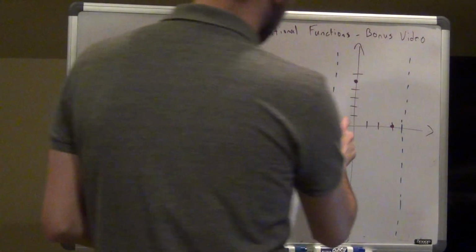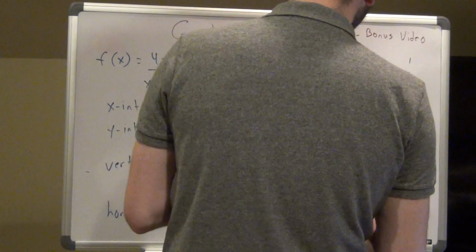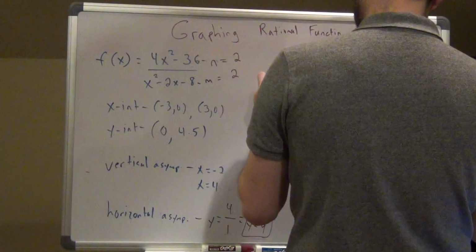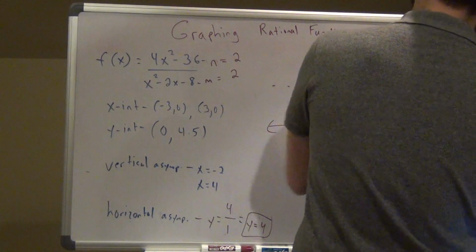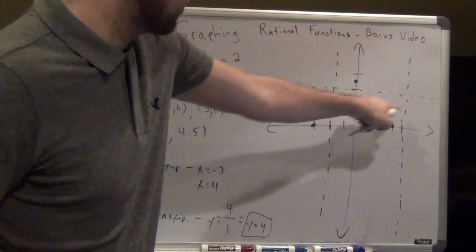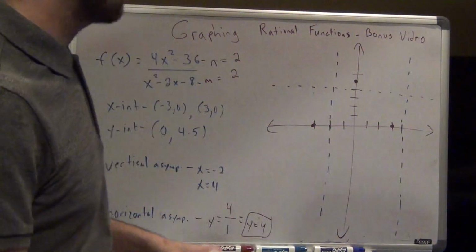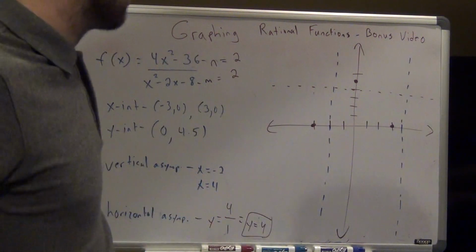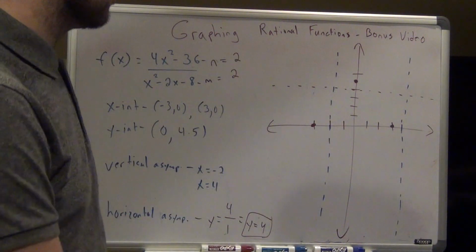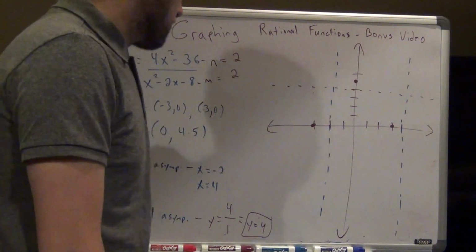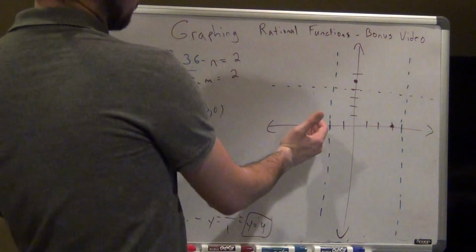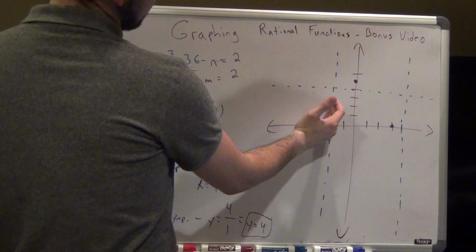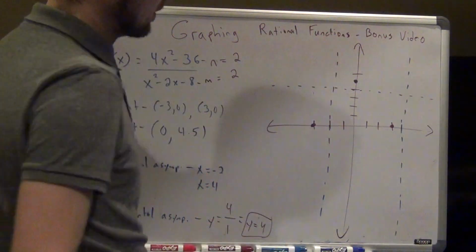So let's draw that in. I go up 1, 2, 3, 4, and I have a horizontal asymptote there. So I draw my horizontal asymptote and my 2 vertical asymptotes. Alright, so now let's draw our graph here, guys. Again, first, I want 1 point to the left of the leftmost vertical asymptote.